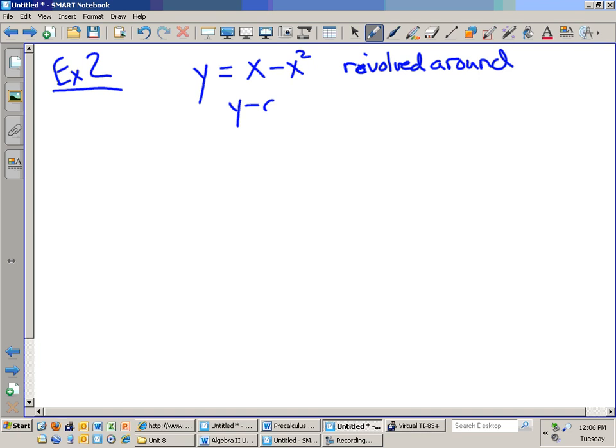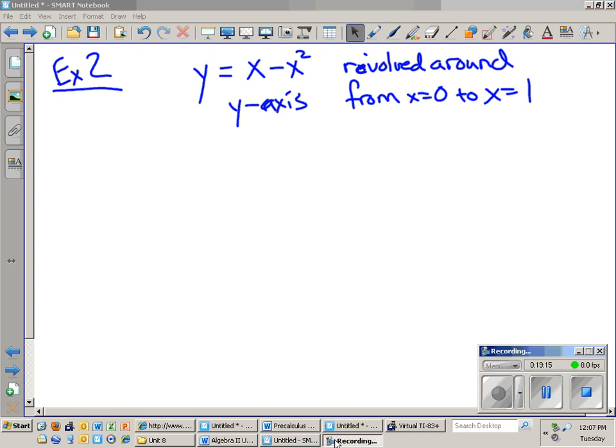Revolve it around the y-axis, from 0 to 1. Use the cylindrical method. So you can take this piece, rotate it around the y-axis, see if you come up with a volume. Do exactly like what we just did. I just changed the problem a little bit. Actually made it slightly easier. I will pause it. If you need help setting it up, let me know.